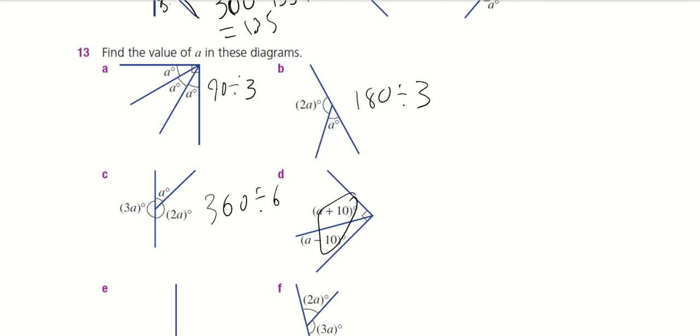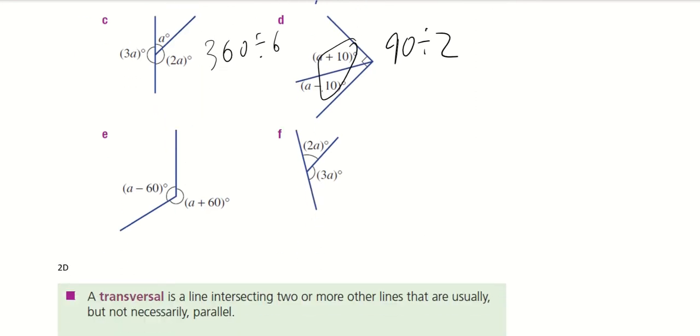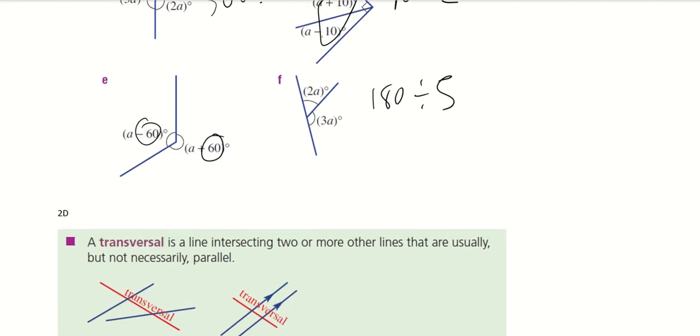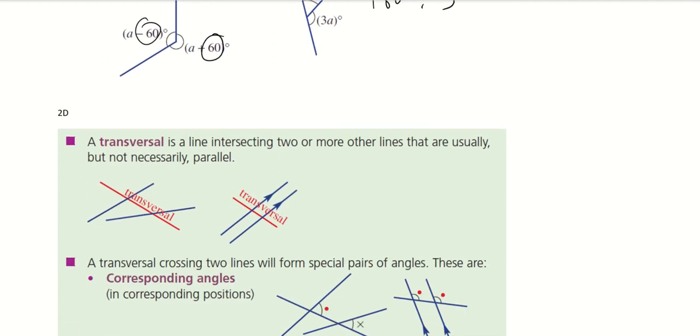This part here is going to freak some of you out. Well, plus 10 and minus 10, they equal out. So if you forget about them, all it really is is 90 divided by 2. Here is 180 divided by 5. Again, here, plus 60 minus 60, they're equal. It doesn't matter. It just means how they're balancing them up with A. So it's really just 360 divided by 2.